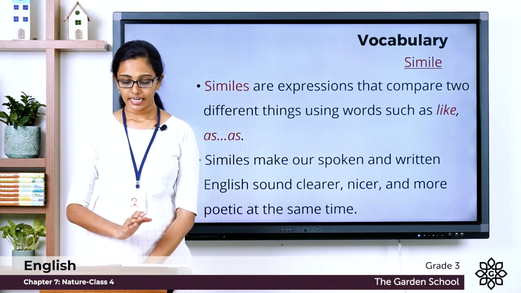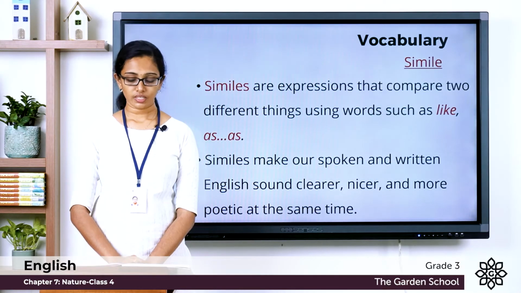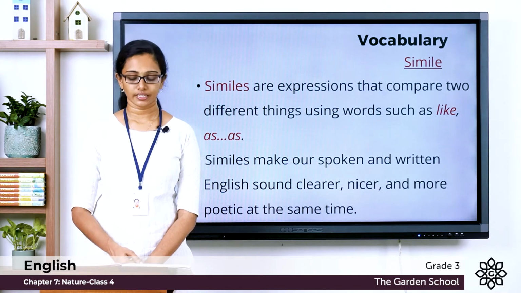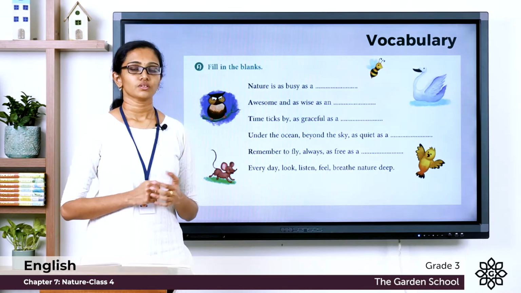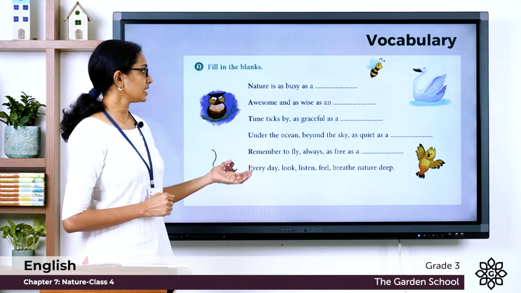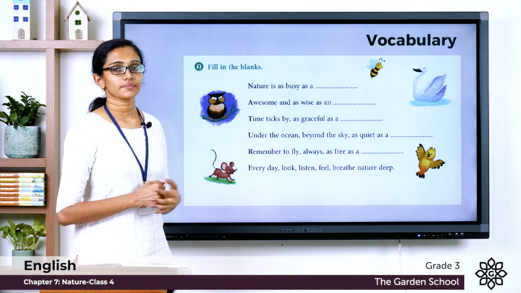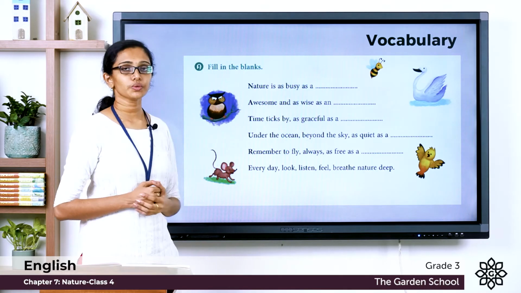So a simile is a way of comparing two unlike things, and we use like or as to make such a comparison. So below this note you have the next exercise. Here in this exercise you can see a few sentences are given. These are similes. And you can see blanks here and a few pictures are also given here.